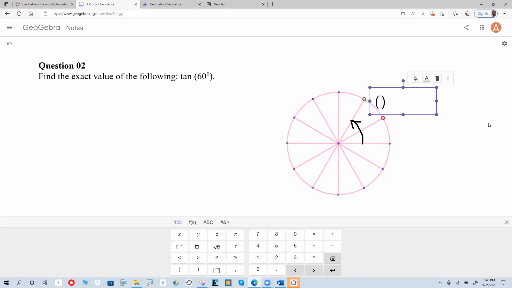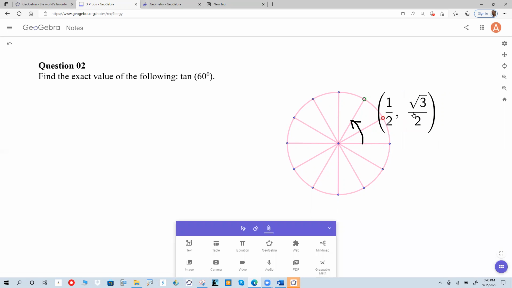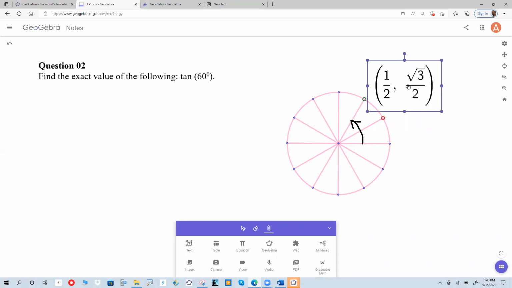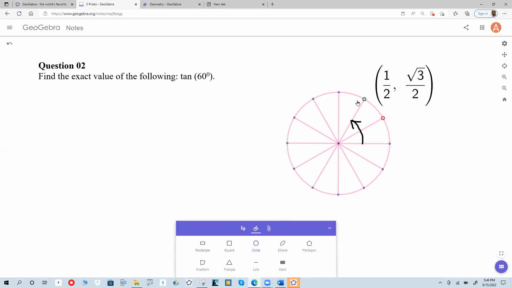So it's going to be half is the x coordinate divided by this. And I'm just working on the green point. Let's highlight it as follows.